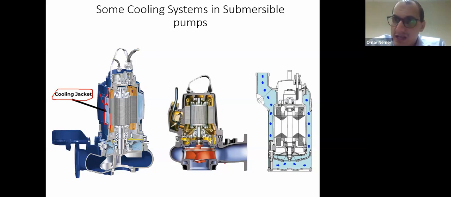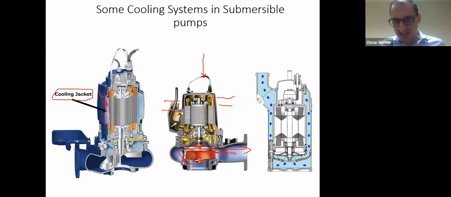But to give you also an idea of how submersible pumps are generally cooled. Most submersible pumps are like the middle one. The motor, as you can see here, is closed. So it depends on the surrounding liquid to cool the motor. It also depends on the heat exchange that happens between the pumped liquid inside the volute and the motor side.